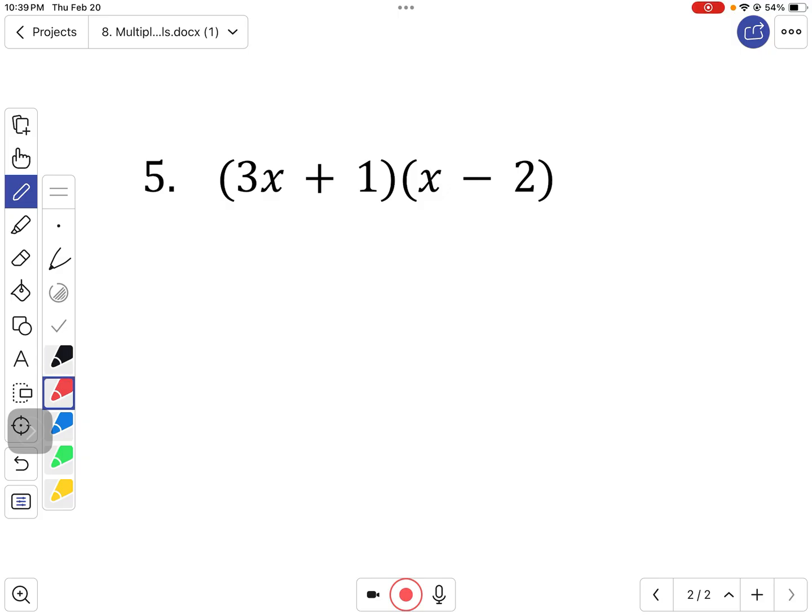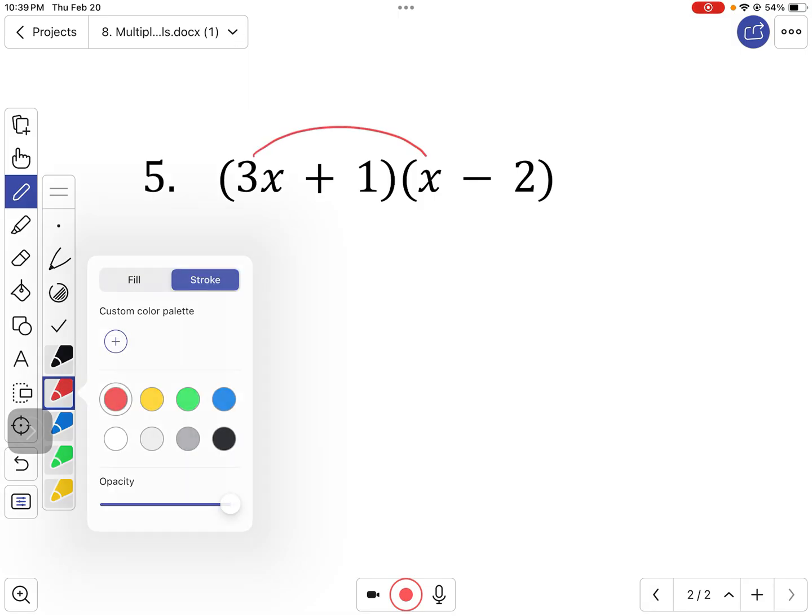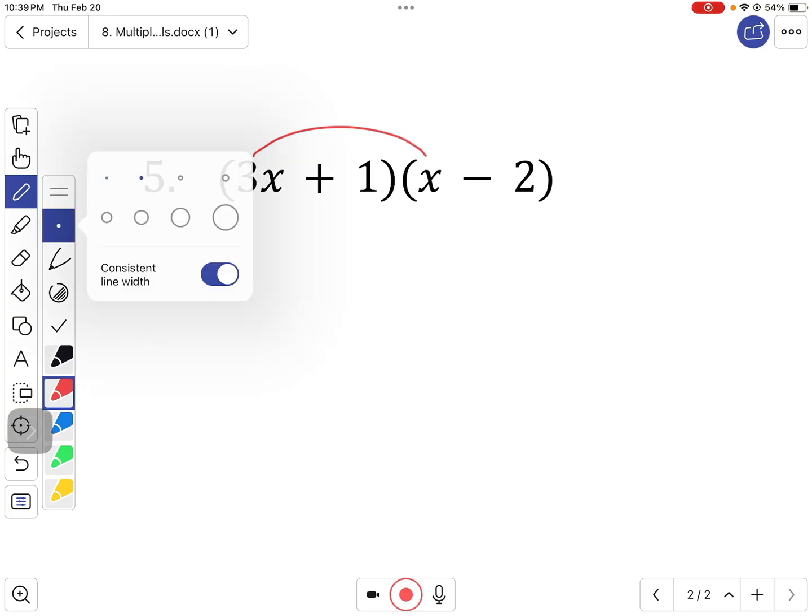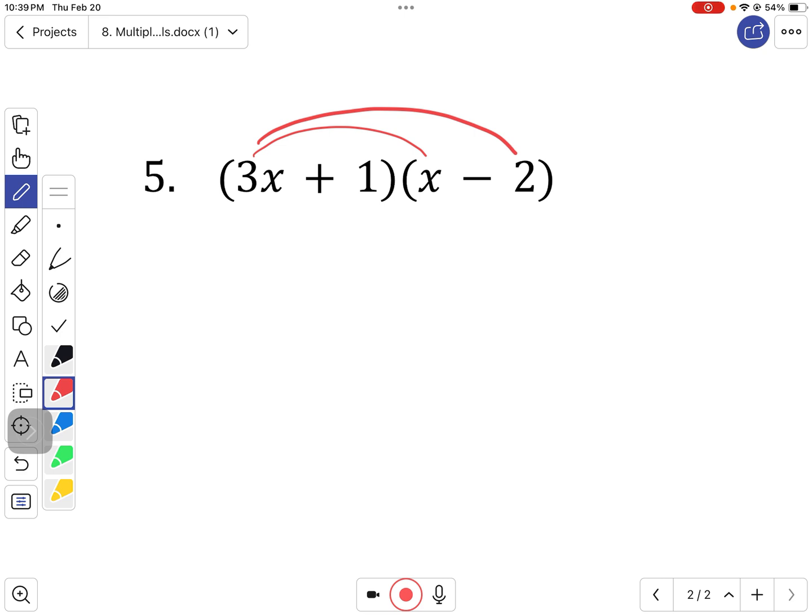So here's what we're going to do. We're going to take this 3x plus 1, and this 3x, we're going to distribute it to this x. And we're going to take that 3x and distribute it to that negative 2. Okay? So if I have 3x and I multiply it by x, remember out front is really a 1 and a power of 1. So I'm going to take 3 times 1 and I get 3.